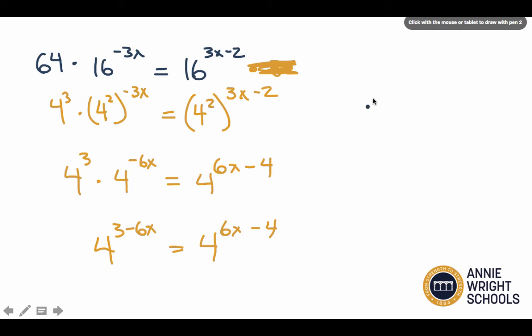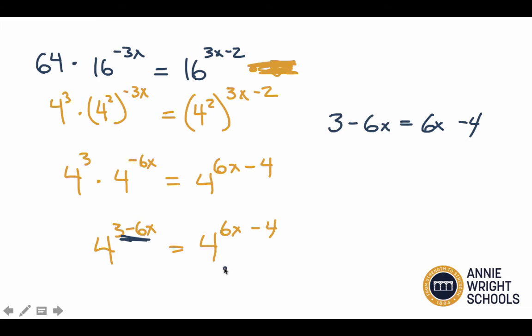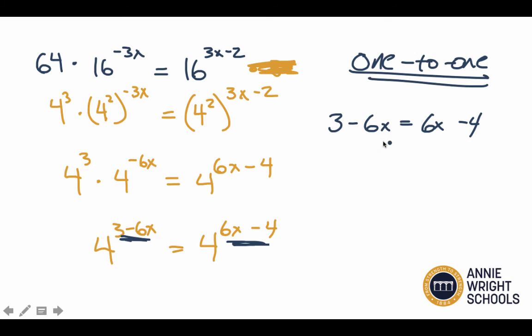And then I'm going to make a jump and say I know that 3 minus 6x equals 6x minus 4. And why can I say 4 to this power equals 4 to this power? That must mean the powers are equal. That's because of 1 to 1 functions. If exponential functions were not 1 to 1, we could not do this.